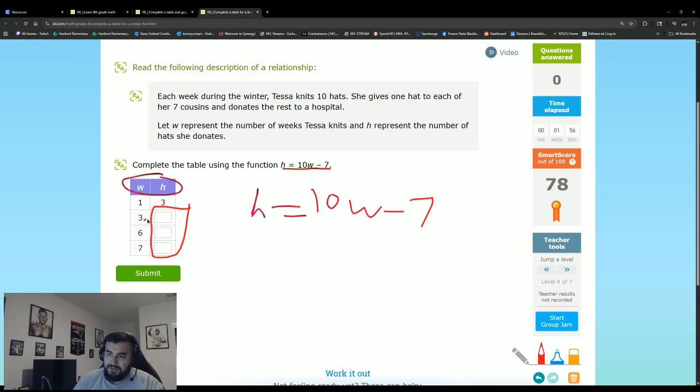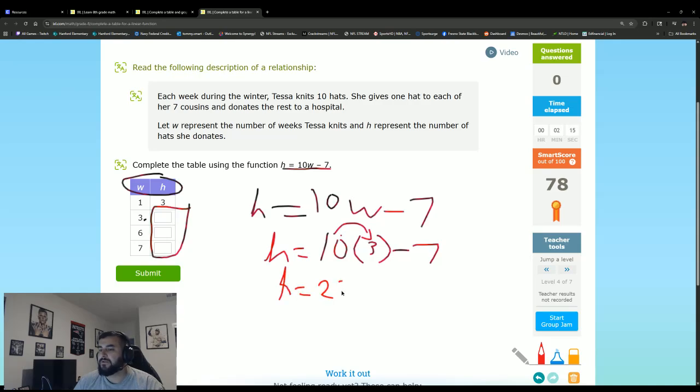Let's see here. So let's plug in 3 for W. So 10 times 3 minus 7. I put in parentheses, and if they're next to each other, there's no symbol. We're going to multiply it, okay? So H, 10 times 3 is 30, minus 7 is 23. So that's what I put right here.